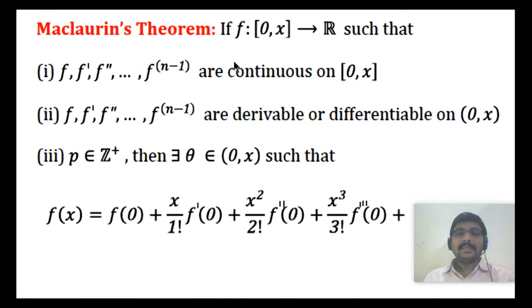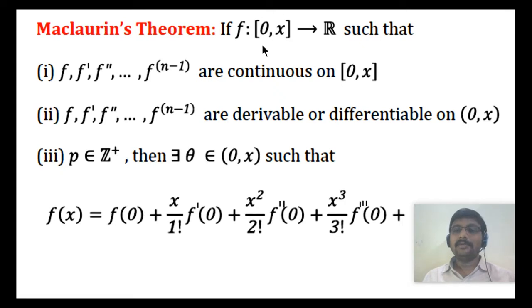Now the Maclaurin's theorem statement is: if f from closed interval 0 comma x to R satisfies the three conditions, that f, f dash, f double dash and so on, up to the n minus 1th derivative of f are continuous in the closed interval 0 comma x. So here the interval for Maclaurin's theorem is closed interval 0 comma x, but in Taylor's theorem the interval is a comma b.